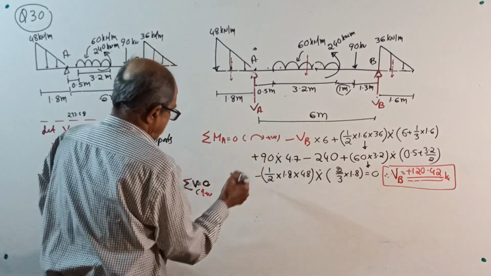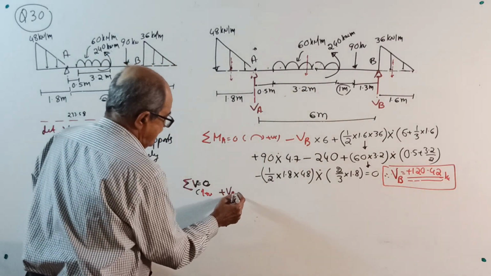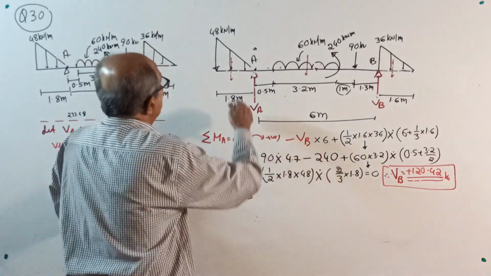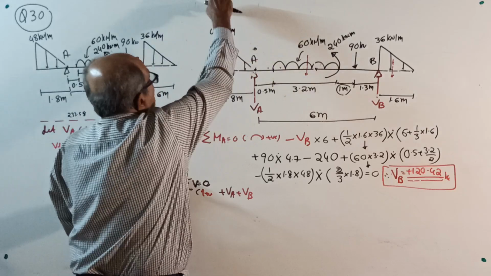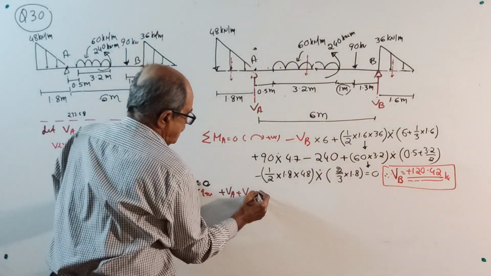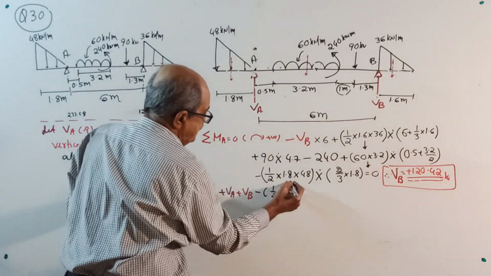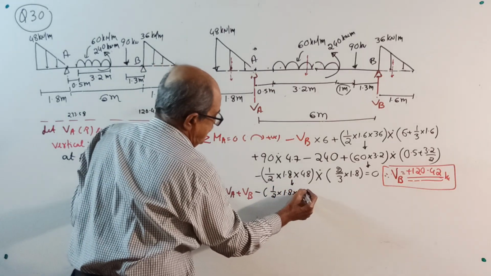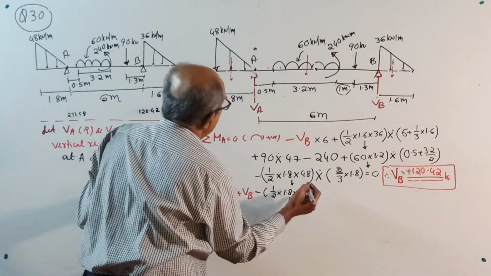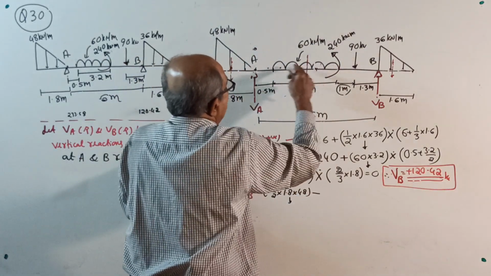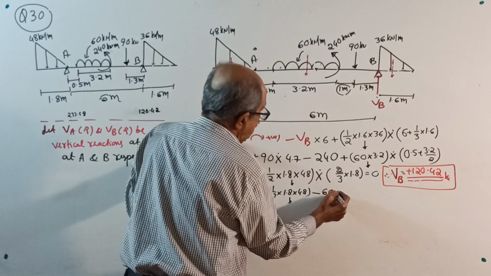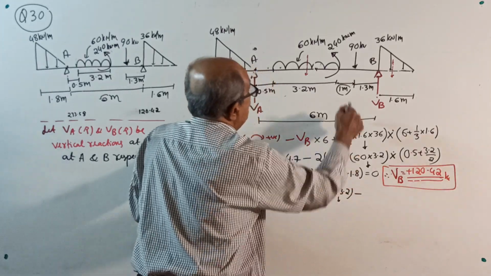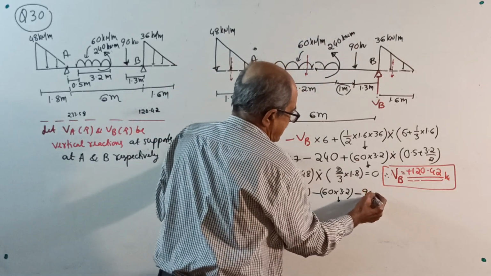Plus VA plus VB. This time no moment, only loads. So vertically upward positive. Plus VA plus VB. Start from here. Minus this load, only the total load, half into 1.8 into 48. Then minus this UDL, 60 into 3.2, again total load. Minus 90.